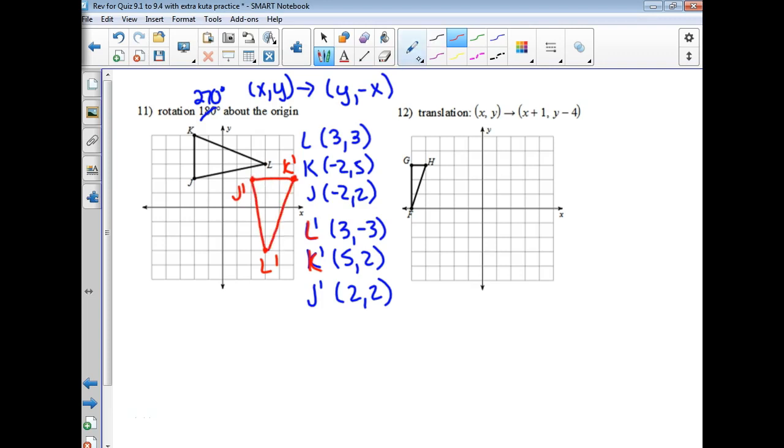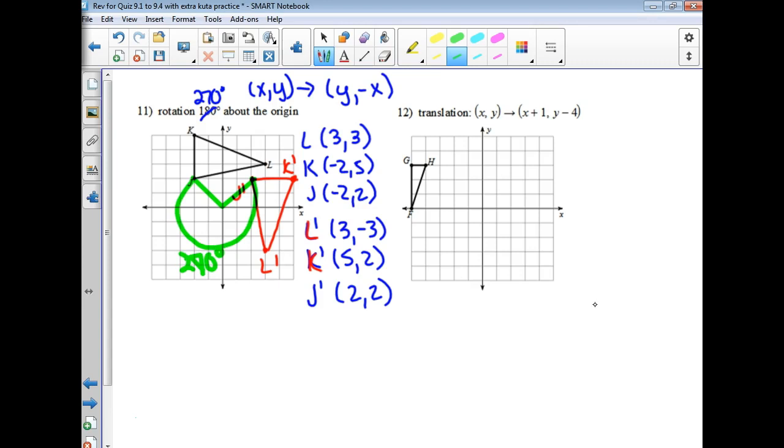And how I can show you that that is correct is if I go from the origin to J and J prime, we rotated this much, and that's 270 degrees. You see how there's only 90 left between there? 360 minus 90 is 270, so this is the correct way it should look.